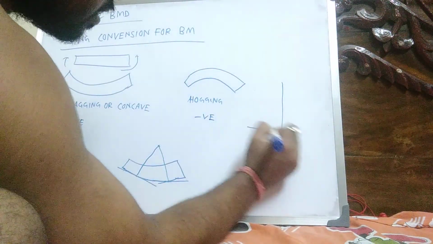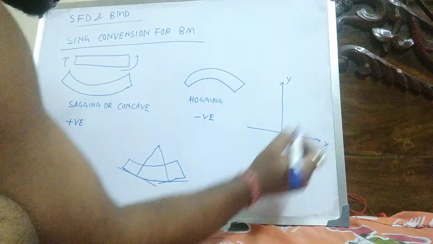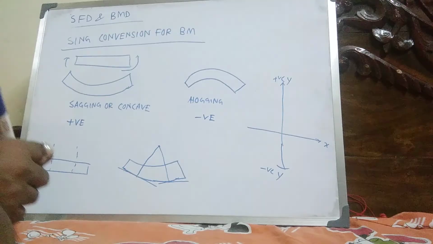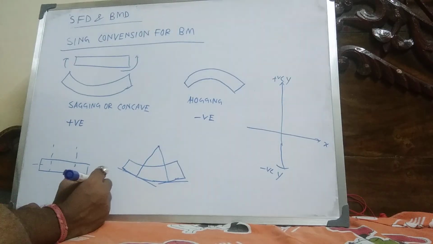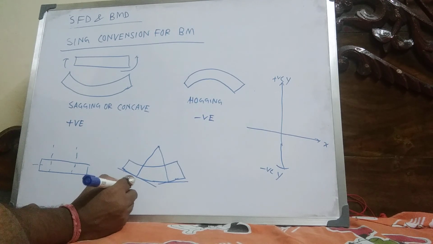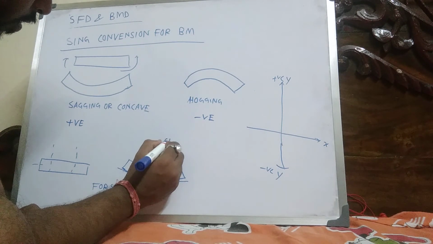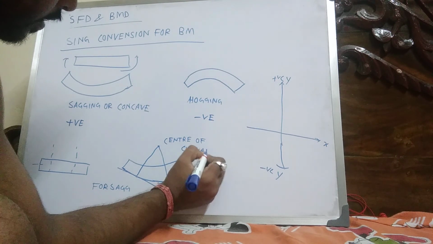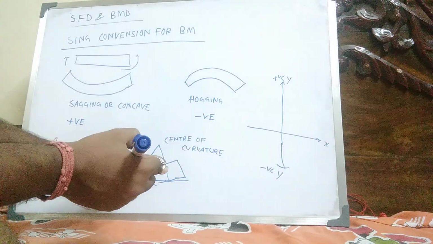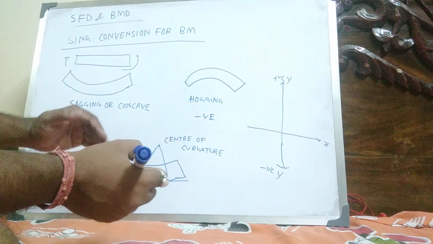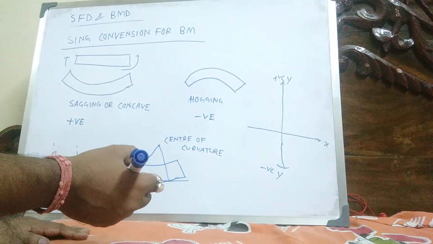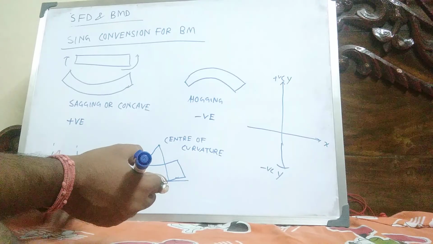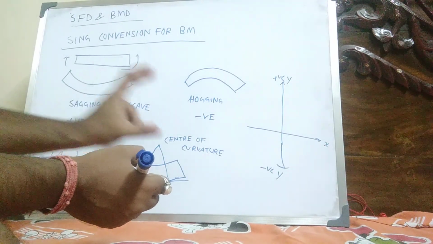Suppose this is positive x, upward positive y, and this is negative y.